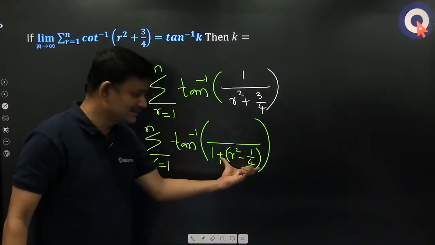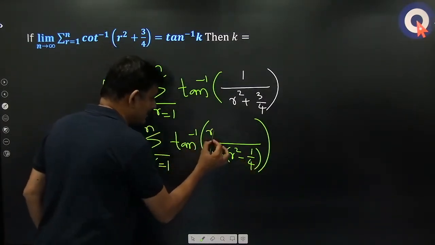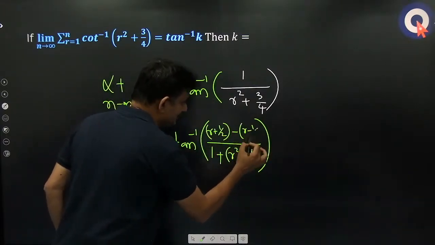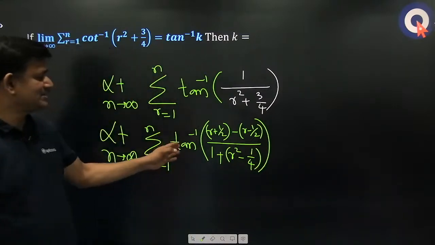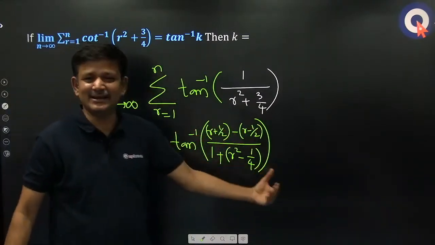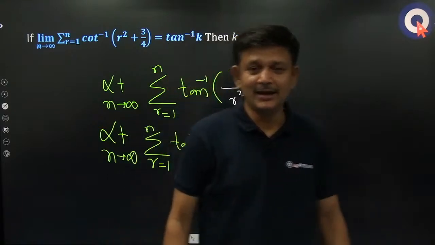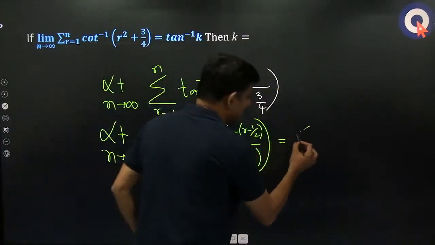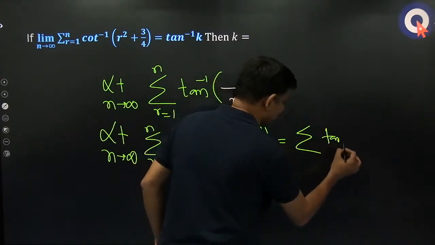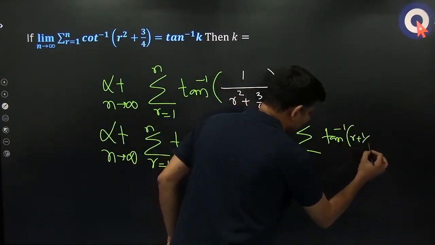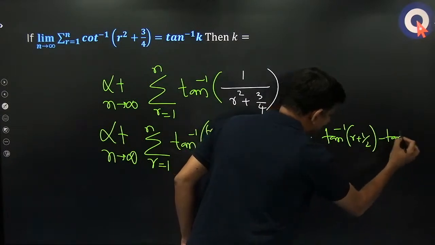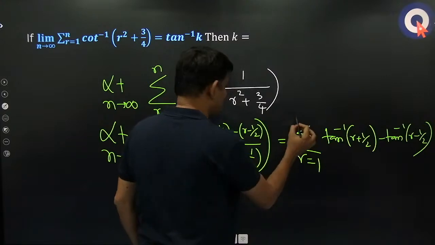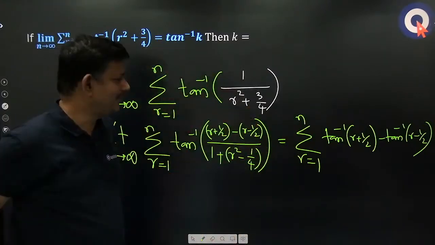So what are the factors? I can happily see R minus half and R plus half. So in the numerator I should see it as A minus B. Now it is tan inverse (A minus B) by (1 plus AB), which is happily sigma of tan inverse (R plus half) minus tan inverse (R minus half), R ranging from 1 to n, with n tending to infinity coming in the last.